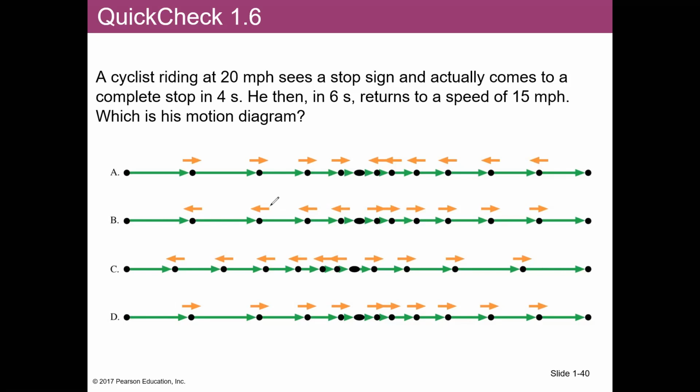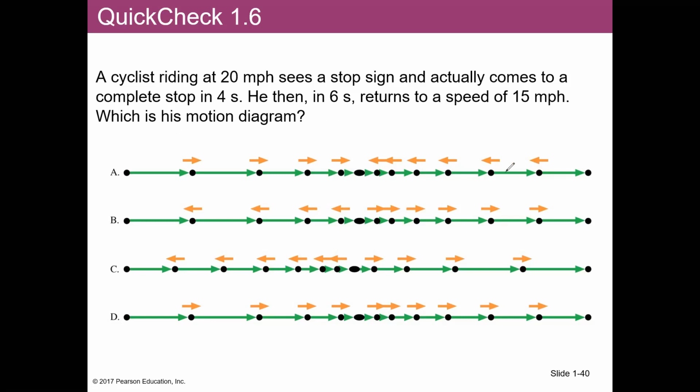Now look at A. Look at the acceleration vectors for A in the first half. The velocity is decreasing, and yet the acceleration is in the same direction as the velocity. An object is increasing speed when its velocity vector and acceleration vector are in the same direction. So this doesn't make sense because the speed isn't increasing.